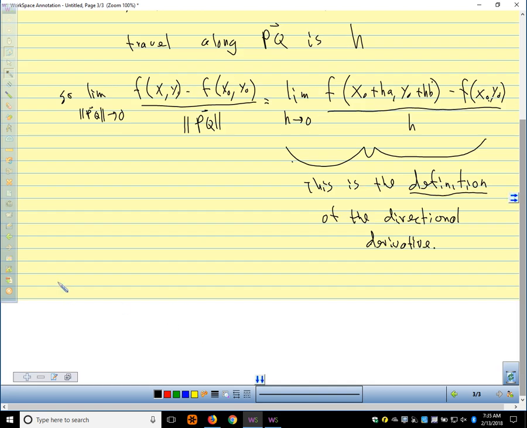Now, if u equals i hat or j hat, so our unit vector is in the x direction or the y direction, this becomes our definition of partial derivatives.